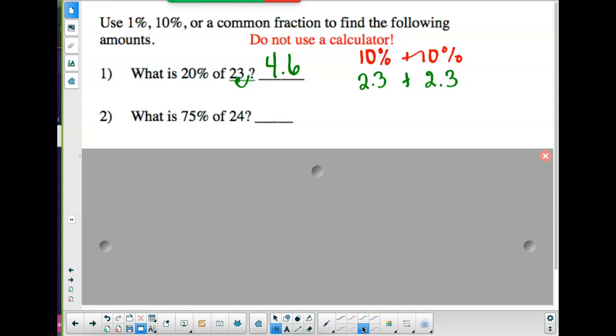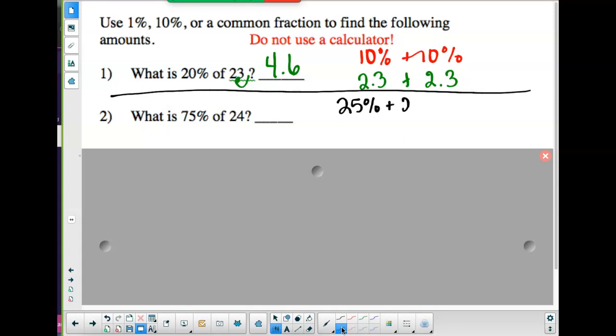75% of 24. Okay, when I see that, 75% is really 25% plus 25% plus 25%. Does everybody agree with that? What's 25% of 24?